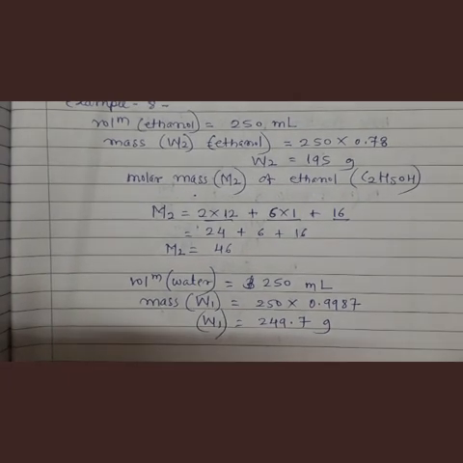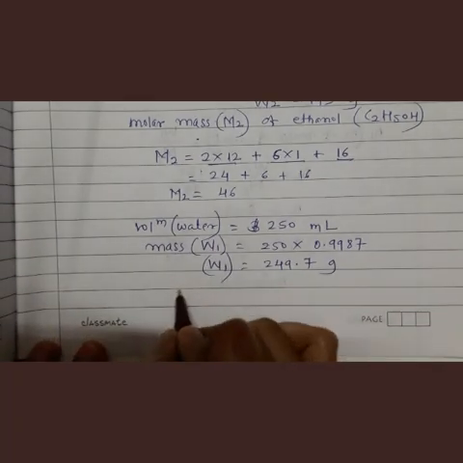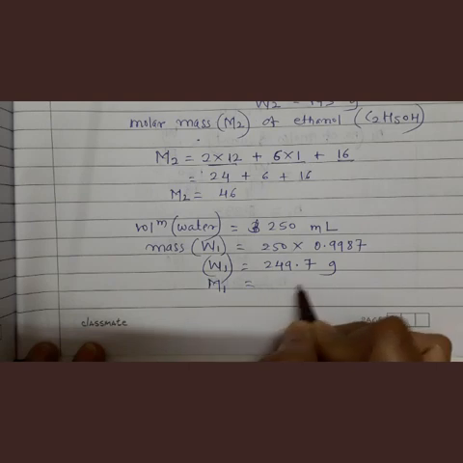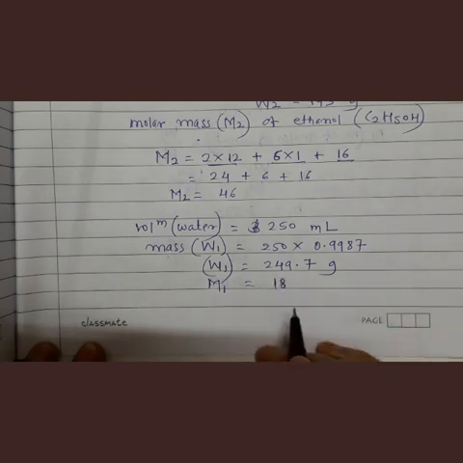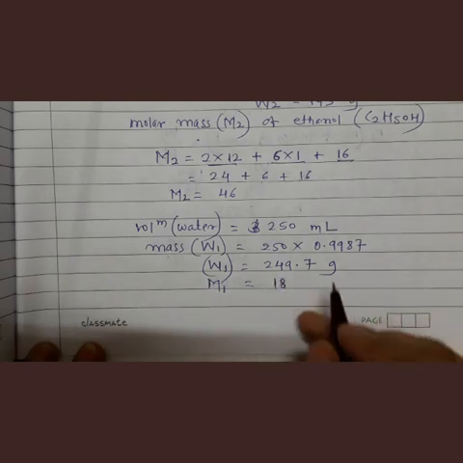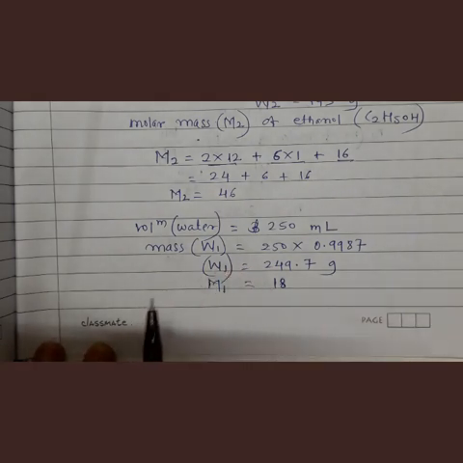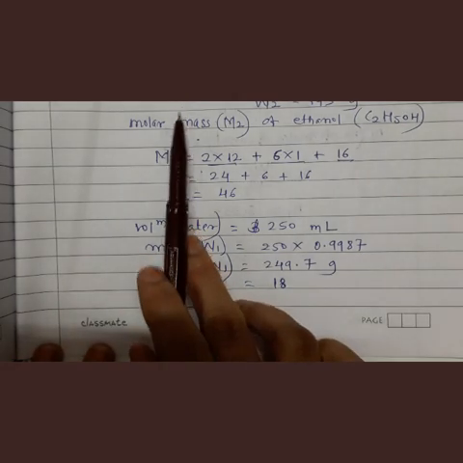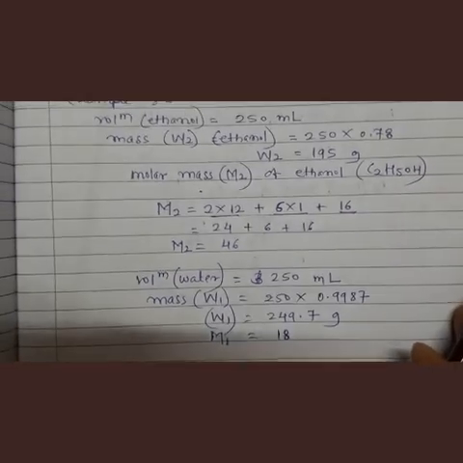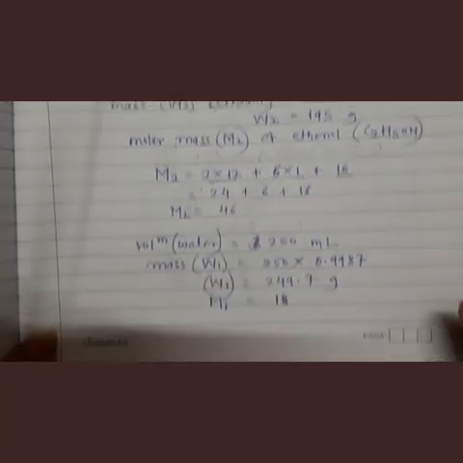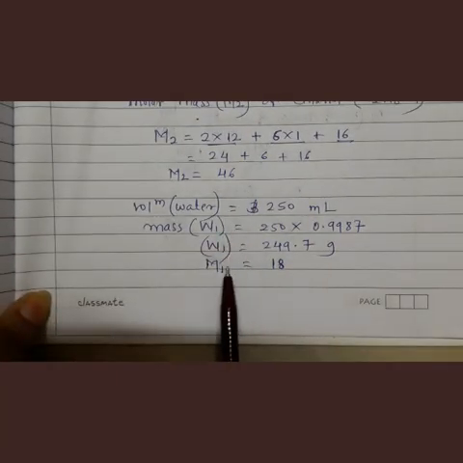Now we know the molar mass of water, M1. It is 18. We have calculated it many times: 16 plus 2 is 18. This is for water. Now we have got all the quantities necessary to find mole fractions, right? Here it is W2, M2, and here we have got W1 and M1.